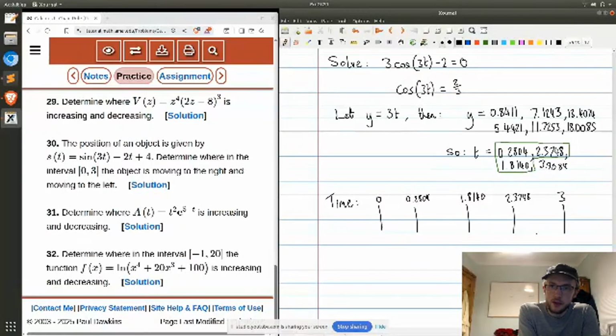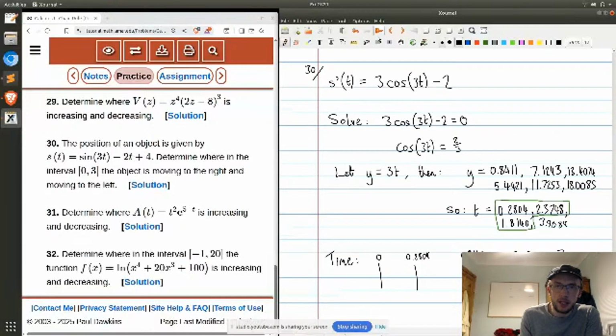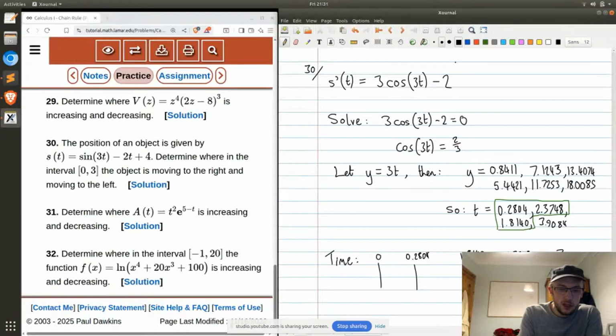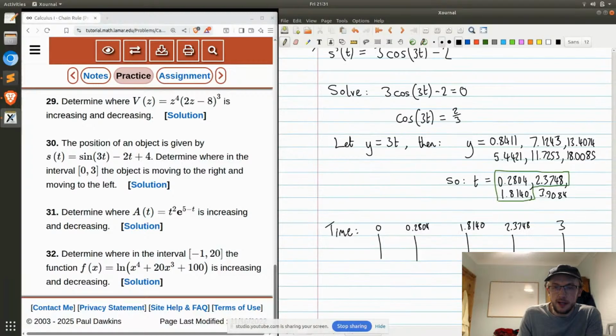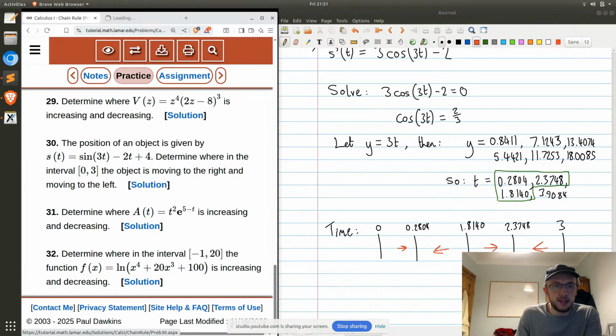So what I'm going to do is I'm going to use t equals 1, and I'm going to plug it in. 3 times cosine of 3 minus 2. And that's a negative number, and therefore it's moving to the left. And therefore it's moving to the left like that, and moving to the right there, and moving to the right there. That's what I think. But now we're going to see if it's correct.